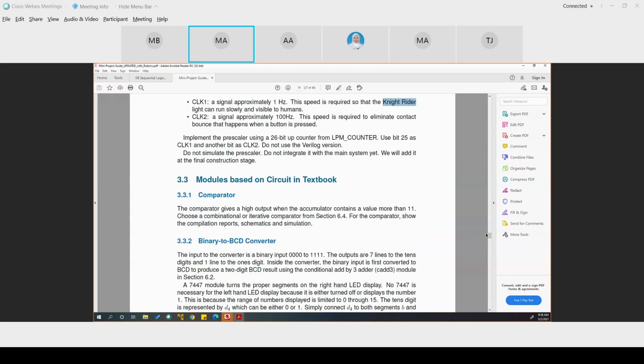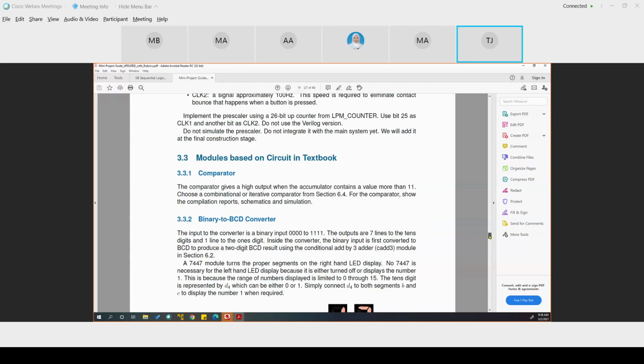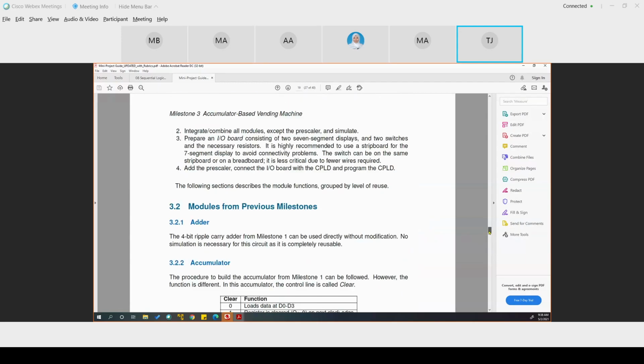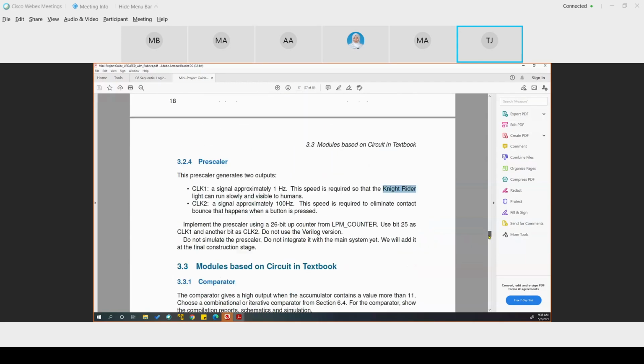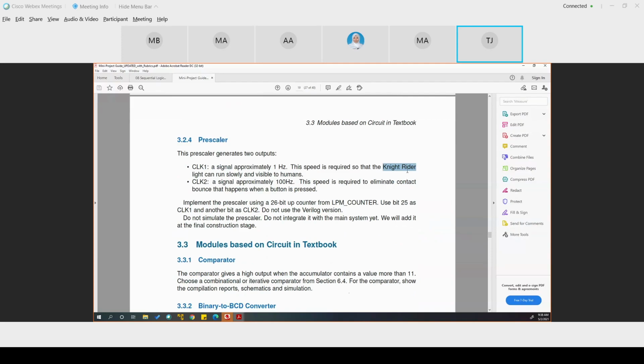Can anyone answer that? Because you have done it. I have done it. We got nine steps in the Night Rider, so we take the last step, and when the last step comes, a done signal comes out and then goes back to clear.